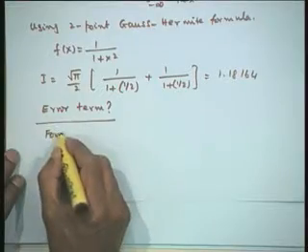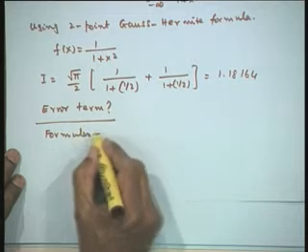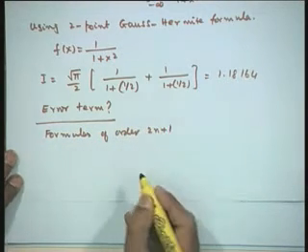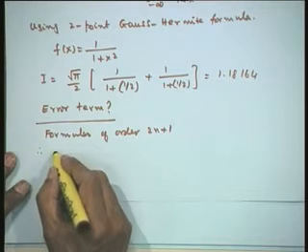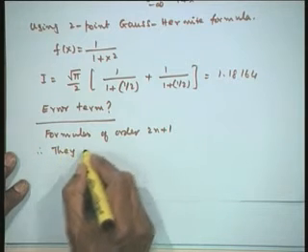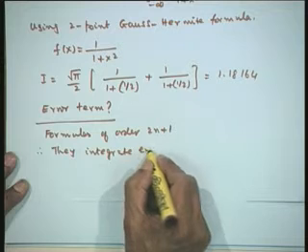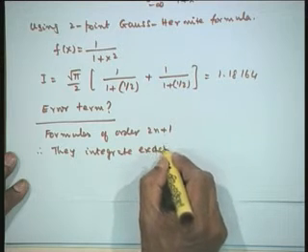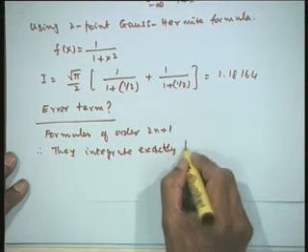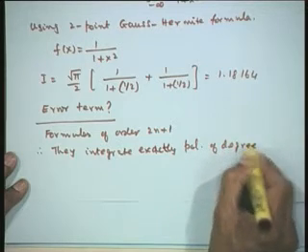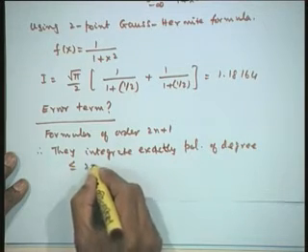Now, as I said, these are formulas of order 2n plus 1. Therefore, they integrate exactly polynomials of degree less than or equal to 2n plus 1.